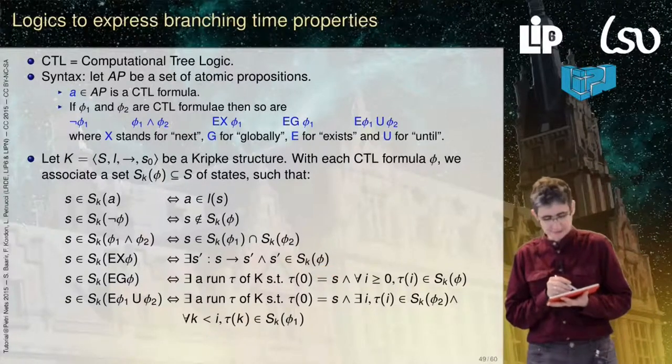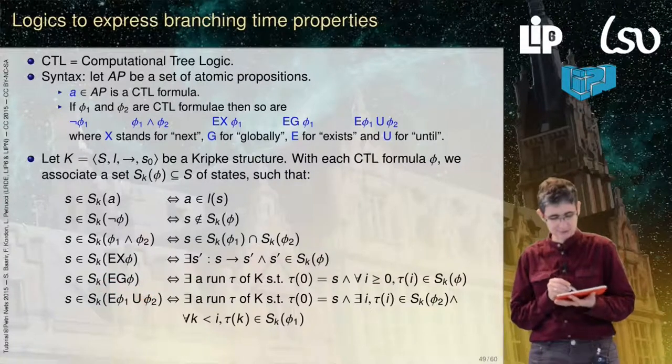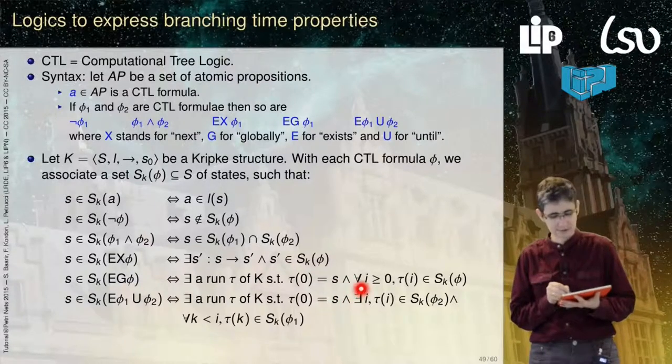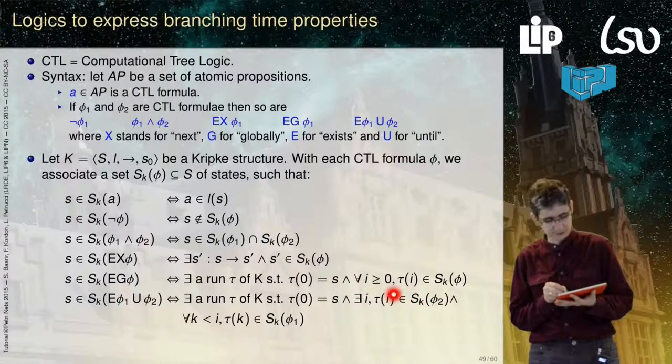Then a state S satisfies EG phi if there exists a run starting in S such that all along this path, the states satisfy phi.